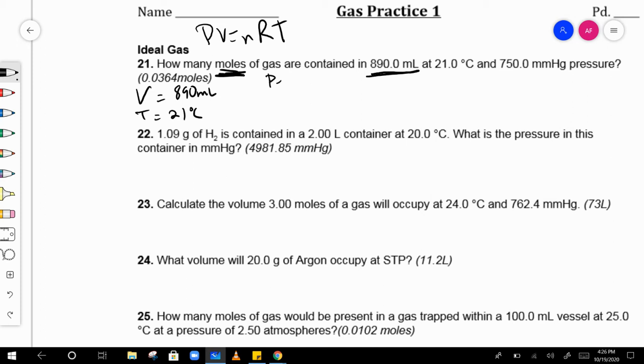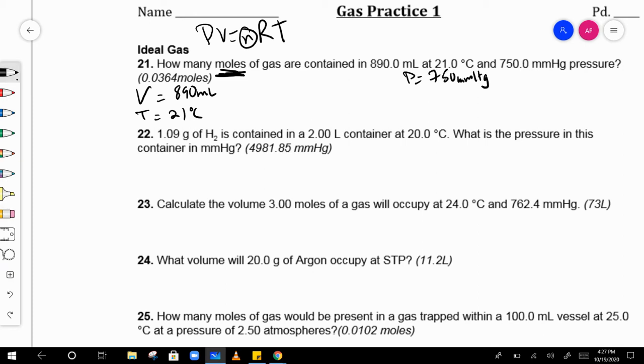And our pressure is 750 mmHg. Those are our variables. We're looking for n. The first thing we always have to do is convert all of these to the correct units.